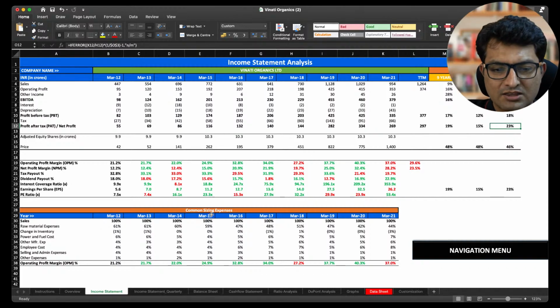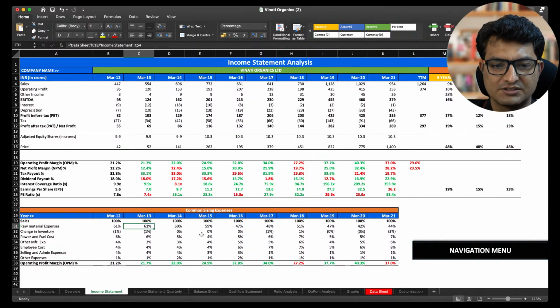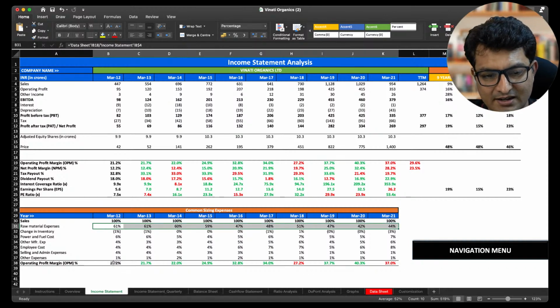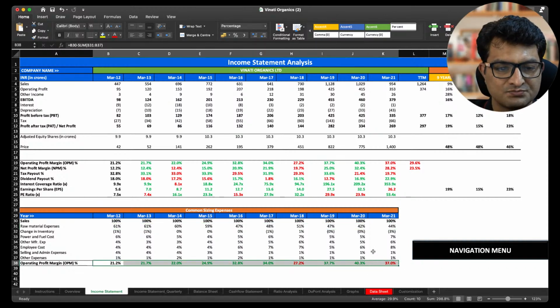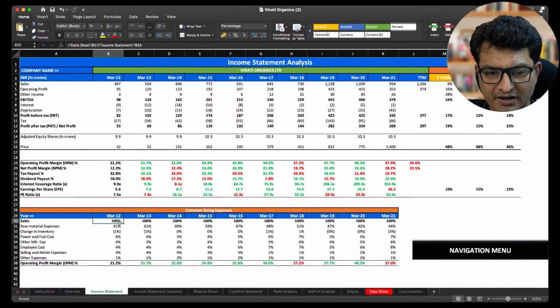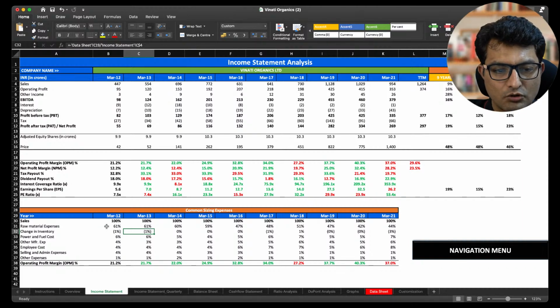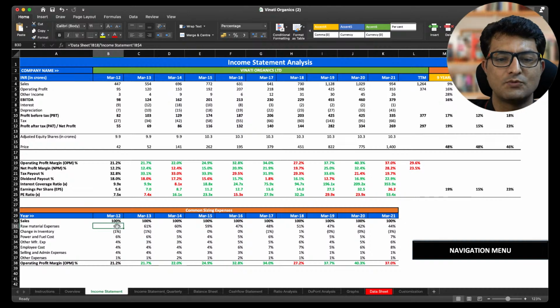Okay. Then another way to look at it is this common sizing of expenses. So here is a breakdown of all the expenses, and then it again calculates the operating margin. Sales is the denominator and all of this is the numerator. It will tell you that raw material expenses as a percentage of sales was 61%.